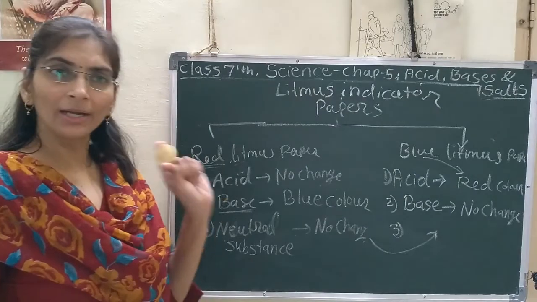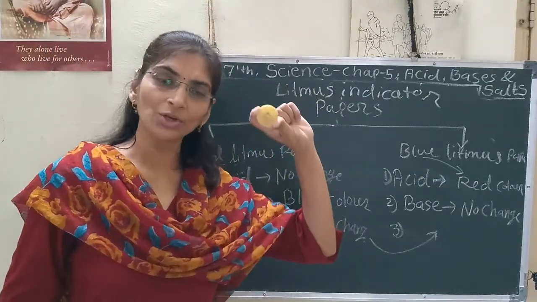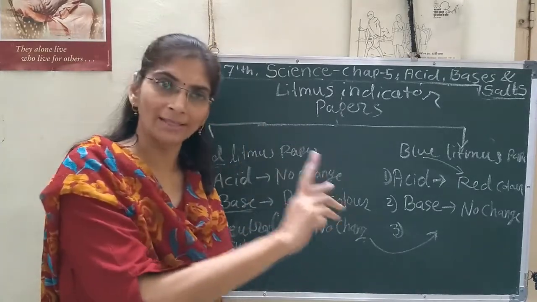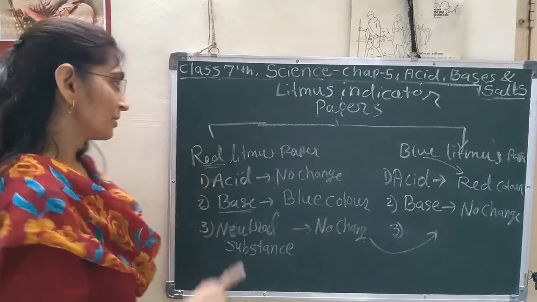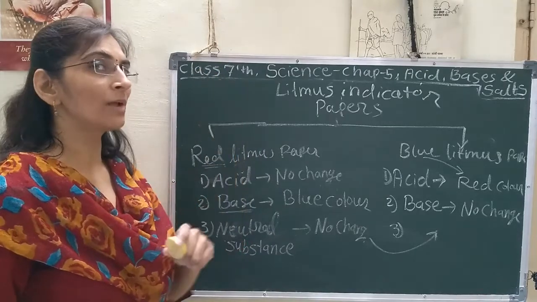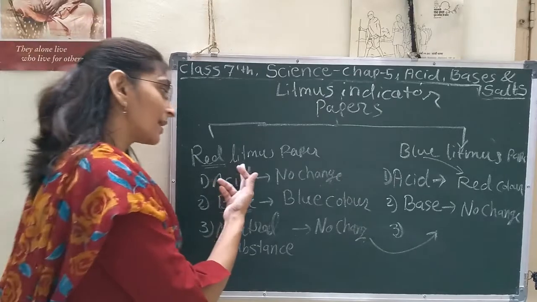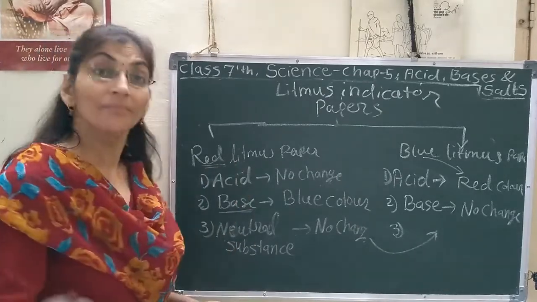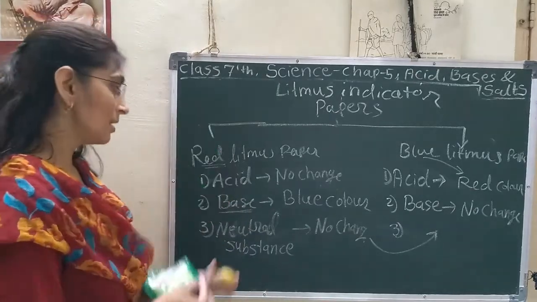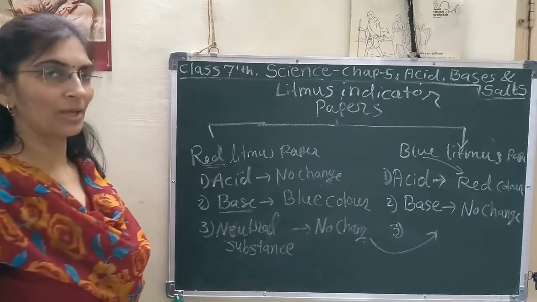I will repeat again. You have to make two solutions. One is the acidic solution of lemon juice, and the other is the detergent solution. One is an acid, one is a base. So when we take the red litmus paper and dip it in lemon juice, what will happen? No change in color. And when we dip that red litmus in the detergent solution, the basic solution, the red litmus paper will turn blue.